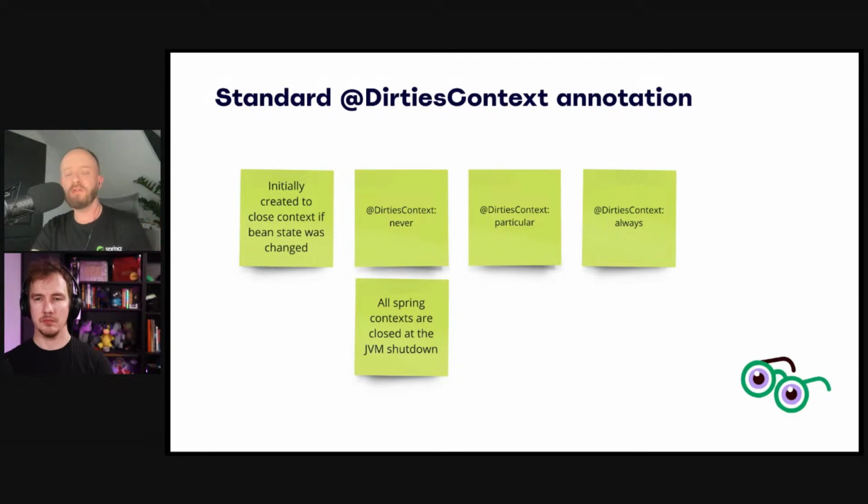But you never know what will happen later. For example, if some test uses the same configuration for some reason, like maybe it was copied, it would not reuse the existing context. It will bootstrap its own. So it's not a good idea to define it this way.